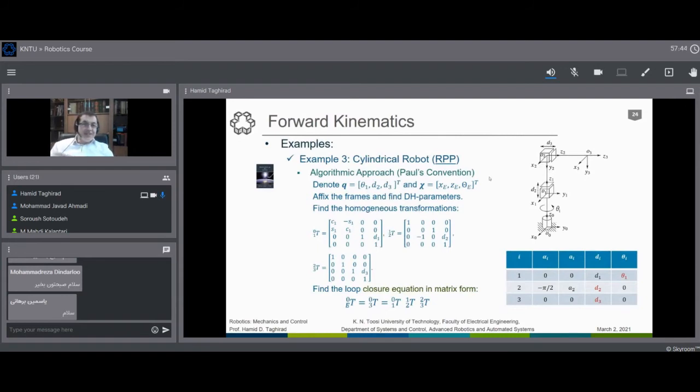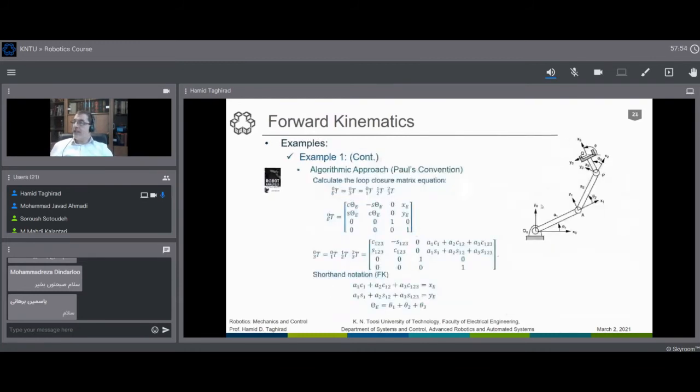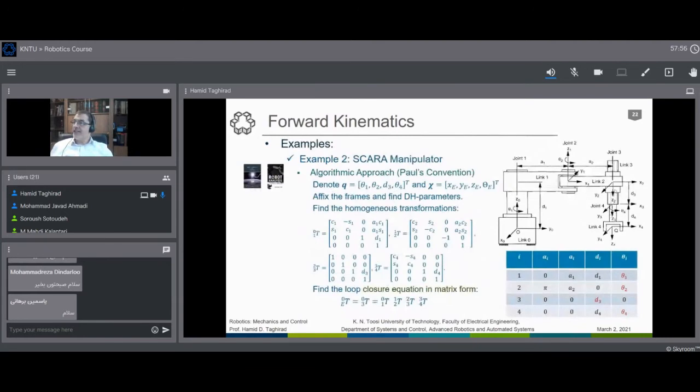We should look not at the kinematic diagram here, but at the true picture of the robot. As you see here, it is like this. We have a prismatic joint.